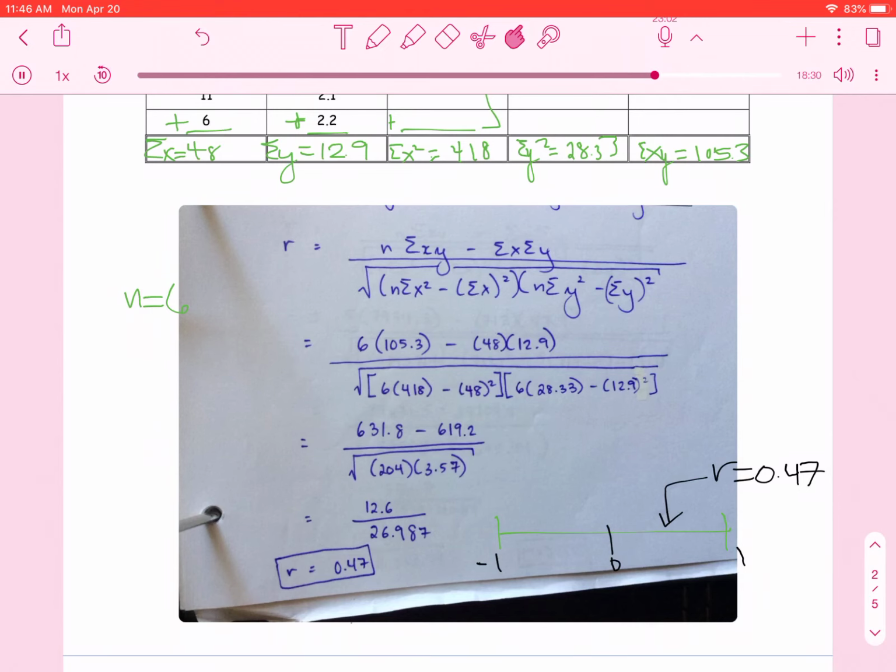That's in between the range of basically weak to moderate. Even if we go back and look up at our scale, that's almost about a moderate positive, okay?